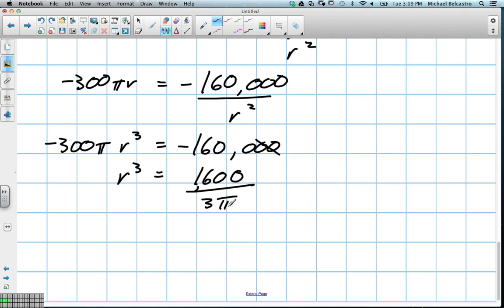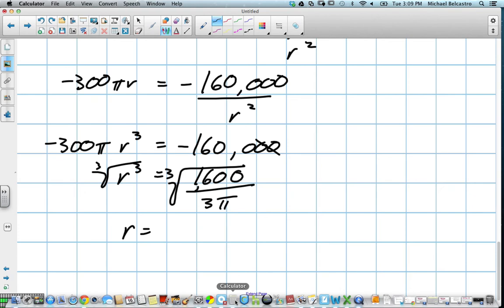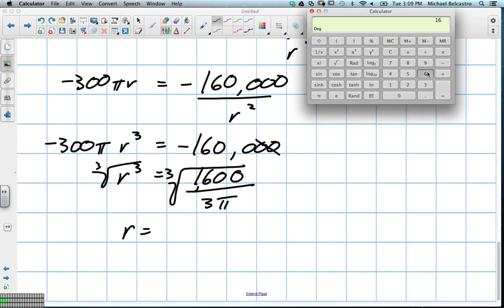And we have to find the cube root of this value to find our radius. So our radius in this function, anybody have a calculator there? Okay, I'll try it on mine here. 1,600 divided by 3 pi.